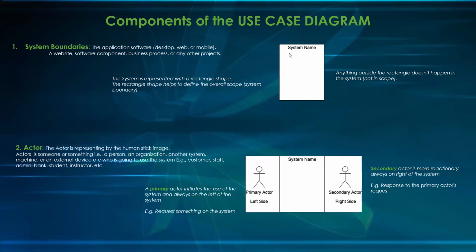So everything inside the rectangle box is what the system is going to be doing. Anything outside the rectangle box is out of scope, apart from the actors, because the actors are always outside.